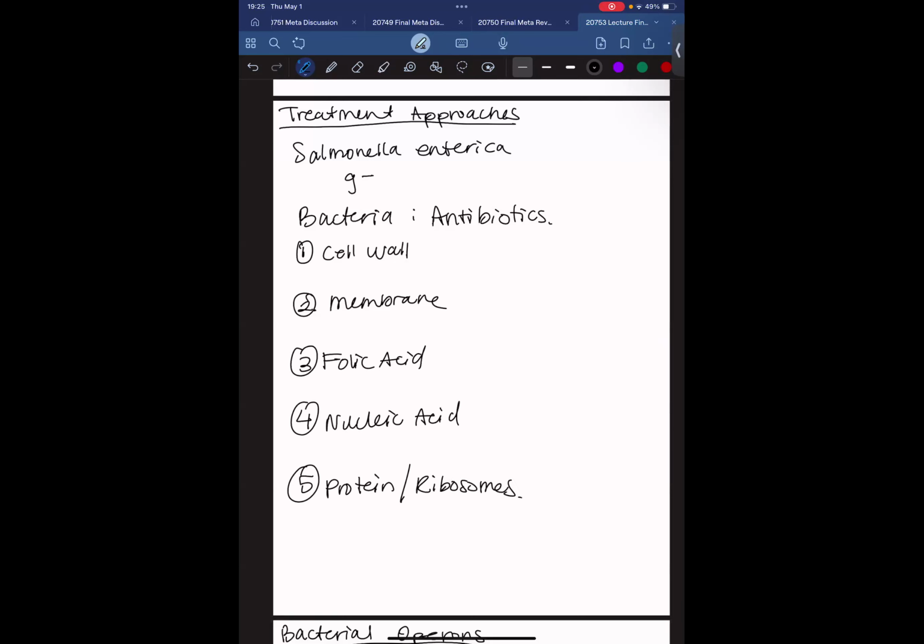We're going to go through and give some examples of each of these. What's an example of an antibiotic that affects the cell wall? Penicillin, all of our cillins. Some other ones might be cephalosporin, carbapenem, vancomycin, and bacitracin.